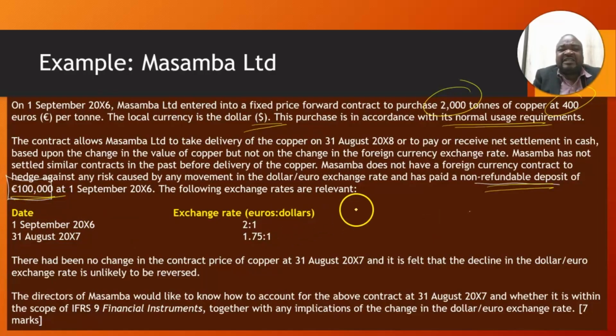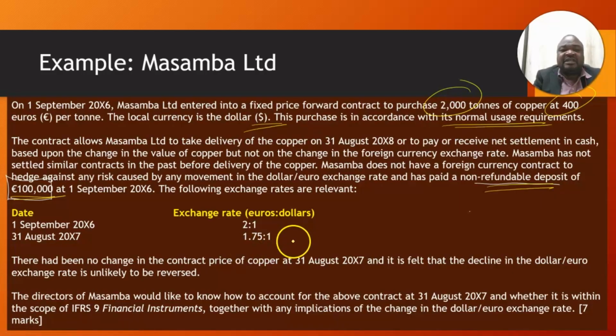The following exchange rates are relevant. On 1 September 2026, when the non-refundable deposit was paid, the exchange rate was 2 euros per dollar. But now on 31 August 2027, it was 1.75 euros per dollar.